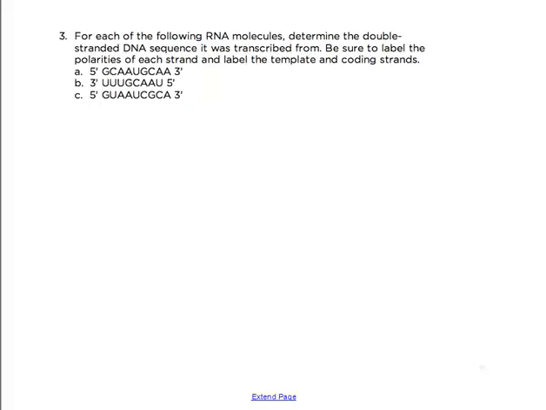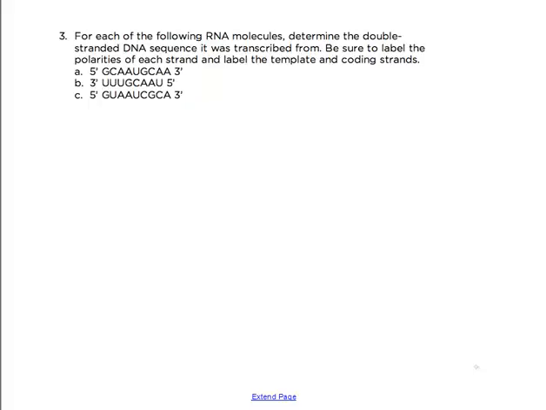And they also use different bases, so they both use guanine, cytosine, and adenine. But in RNA, instead of using thymine, they actually use uracil, which is labeled as a U. So for each of these, we're going to find the double-stranded DNA sequence it was transcribed from, and then we're going to determine which strand was the template and which was the coding.